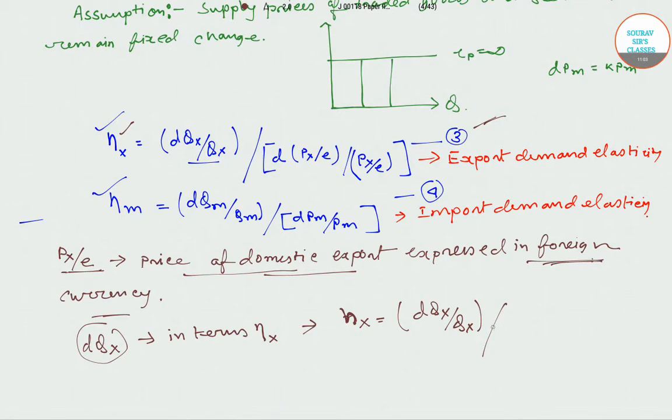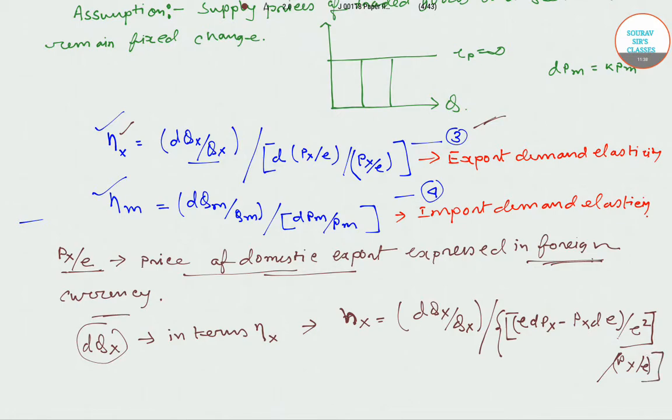For this we have to write minus EXGE divided by E square divided by Ex by E.